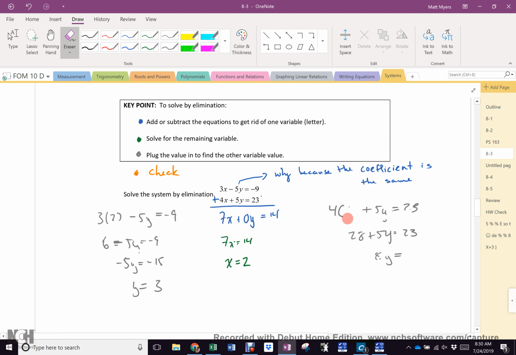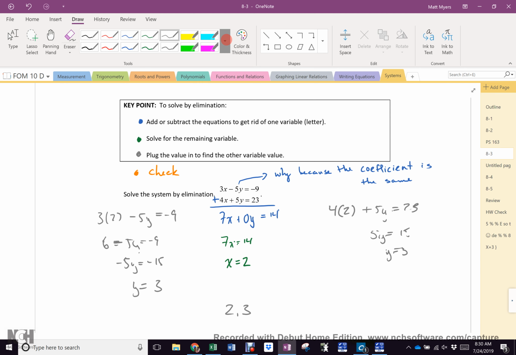I did 7 again like a moron. 4 times 2, which is 8. So that is 5y equals 15 and y equals 3. Again, the point I am making is that it doesn't matter which one you use. You get the same thing, which gets me a final answer of 2, 3.